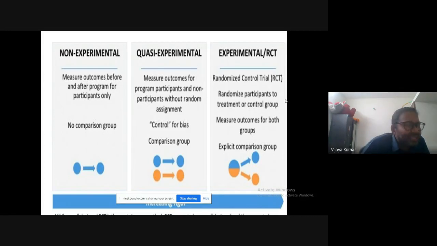There is a second design called the quasi-experimental design, where you will measure the outcomes for program participants and non-participants. What I mean is you will take one group, you will have before and after studies, and the third one is called the pure experimental research.